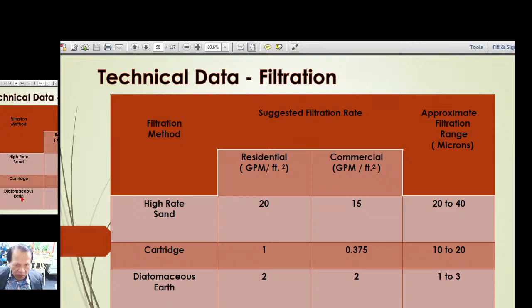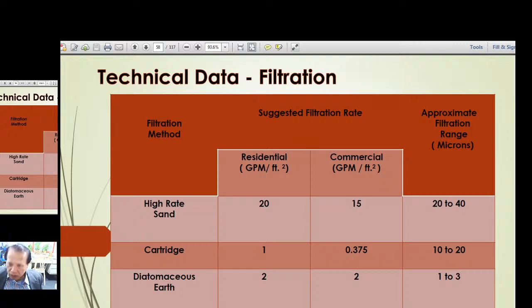But the DE, take note, is 2 GPM per square foot, and here 2 GPM also per square foot for the commercial. But take note, it will trap dirt of the size of 1 to 3 microns. So therefore, the DE type filter is the most capable.